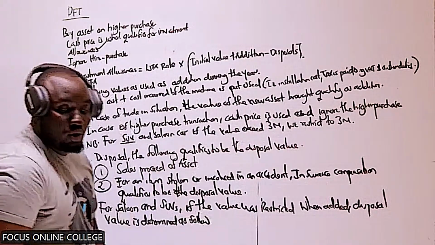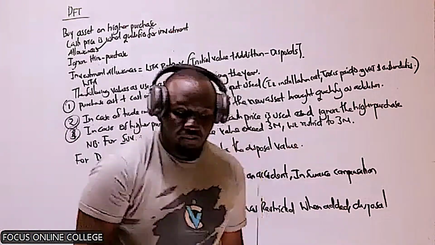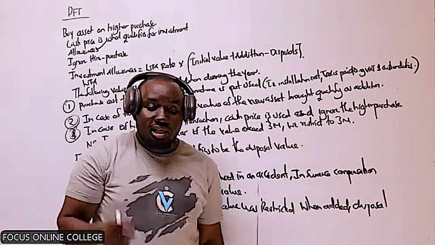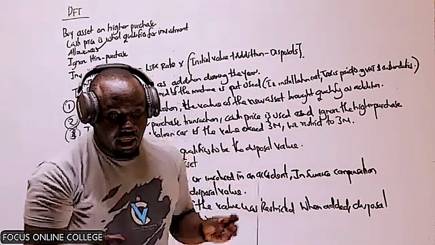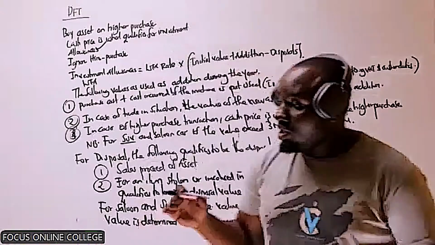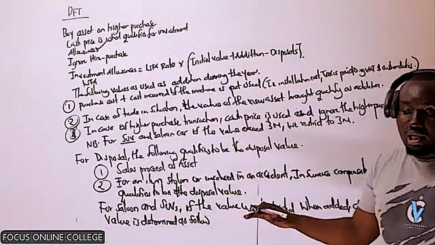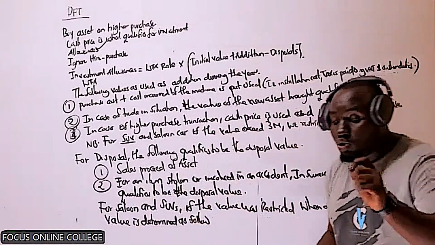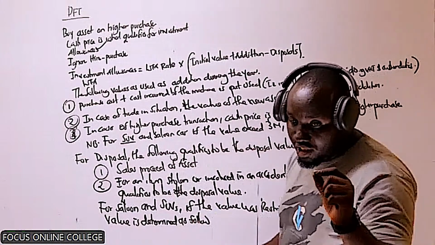So if you're disposing an asset that was restricted during addition, are we together? The disposal value should also be restricted.